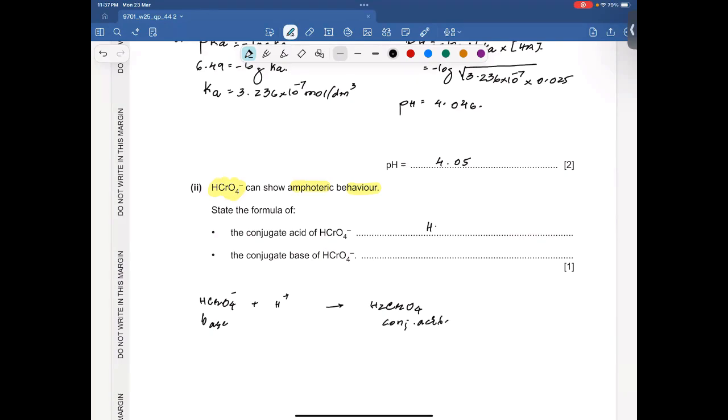So conjugate acid is basically H2CrO4. If it is acting as an acid, obviously it donates its proton, and as a result, it's basically CrO4 2 negative plus water. So if it is an acid, it must be a conjugate base. Okay, so CrO4 2 negative is a conjugate base of this.